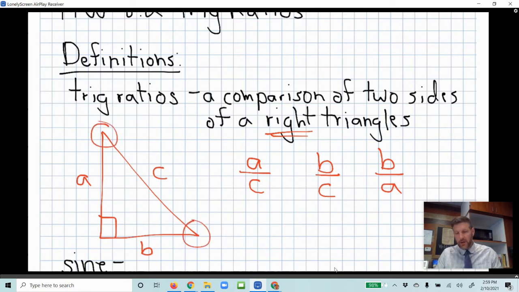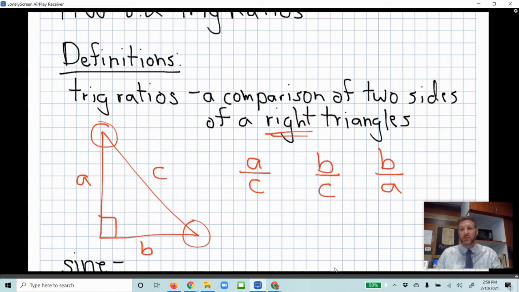And we're going to learn that we can use right triangle trigonometry or these trig ratios to find missing sides and missing angles of right triangles, all based on setting up particular ratios, okay? One side over another side.